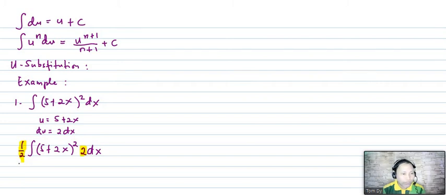So that when we multiply 1/2 by its reciprocal, that is equivalent to 1. In other words, this equation is equivalent to this equation. I am just presenting this one in another way.